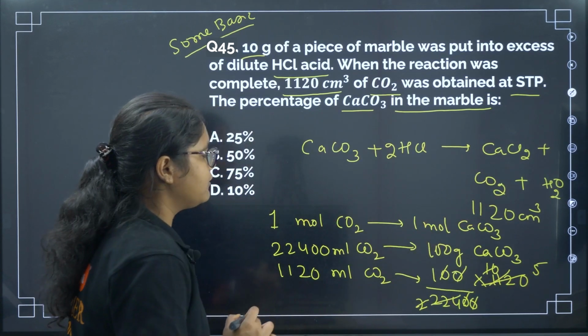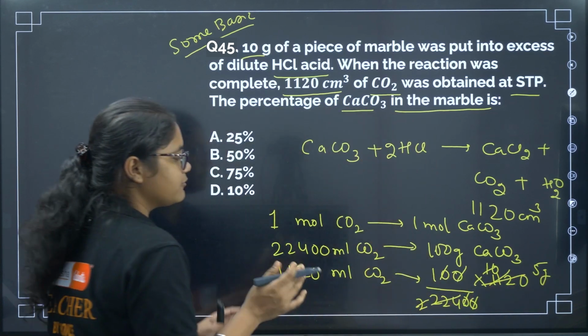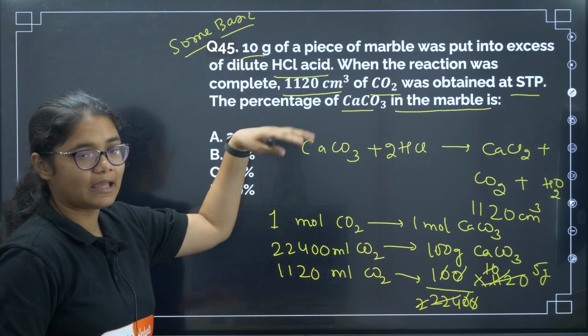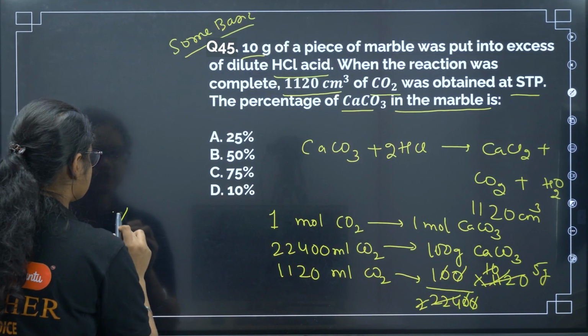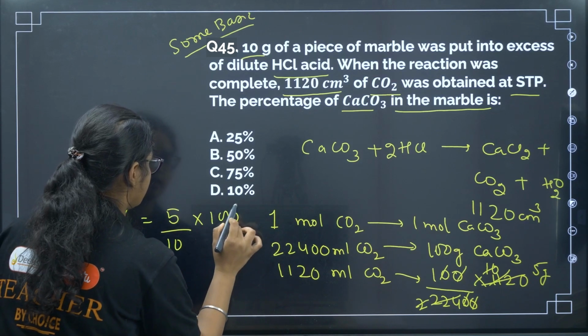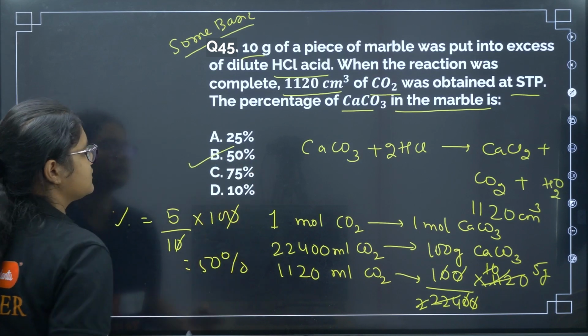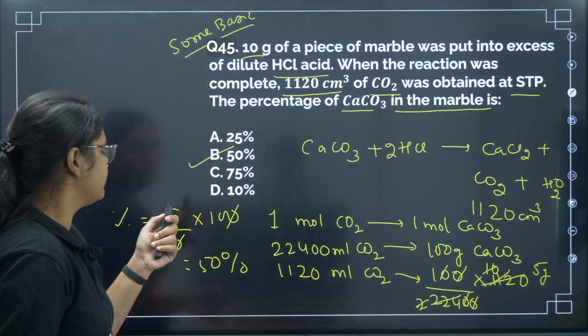So we will get 5 gram. Now 5 gram of calcium carbonate is present in 10 gram of marble. So what is the percentage composition? 5 by 10 into 100, right? That is nothing but 50%. So the correct answer for this question will be option number B.